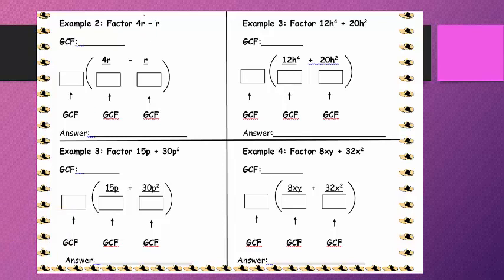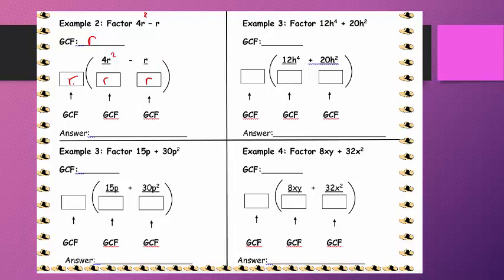For this problem, there's a typo. This should actually be 4r squared. So let's change that quick. There we go. You're first going to look for the GCF. There's nothing that goes into 1 and 4 besides 1. But with the r's, you can take an r from both of these items. So you put the r outside and underneath, again creating our own parentheses.